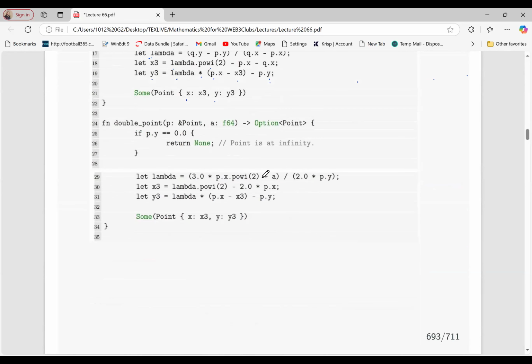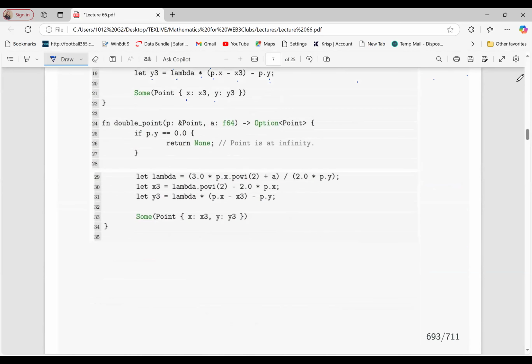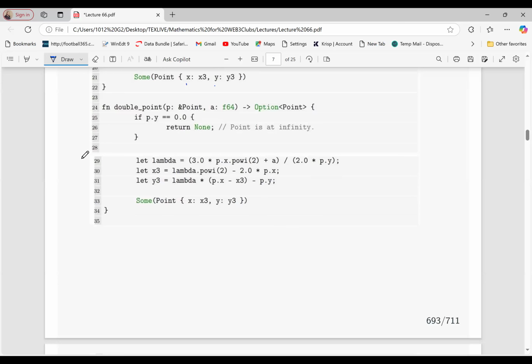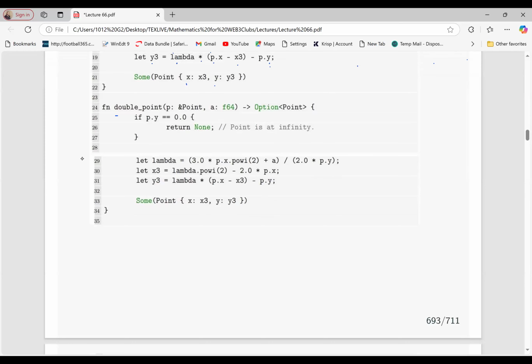Now, what about if it's the same point? So you entered and the program discovers that this is the same point. So the program will be doing point doubling. It has begun by something here, and it's saying that if the y value is 0, for instance, you have a point like 3, 0 and you have a point like 3, 0.